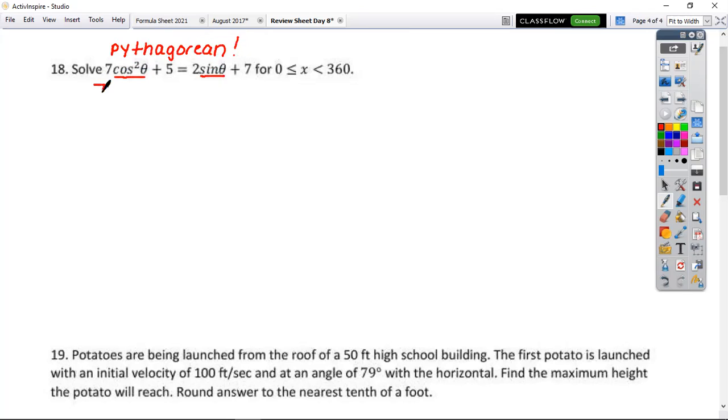And we're going to replace it with, guys remember, 1 minus sine squared theta. And then plus 5 equal to 2 sine theta plus 7.